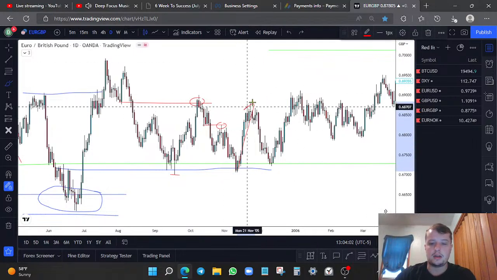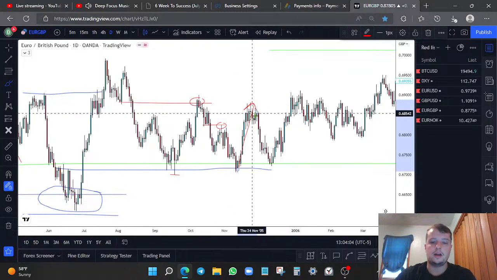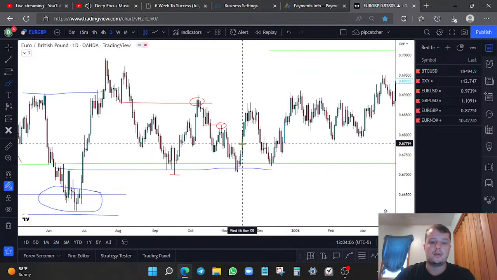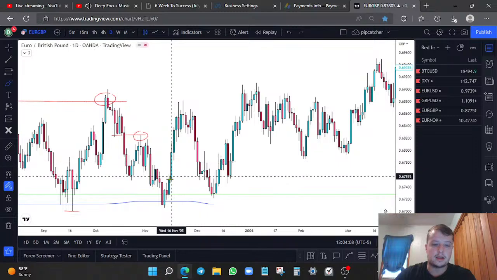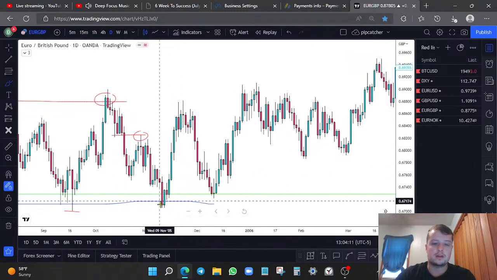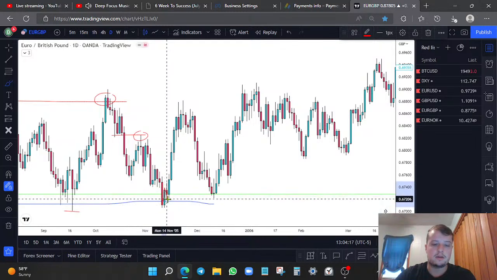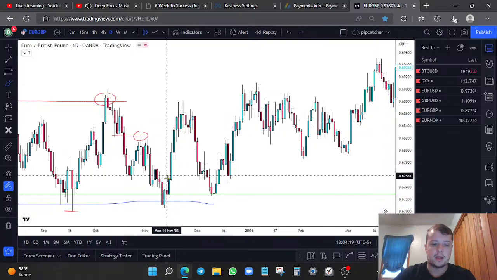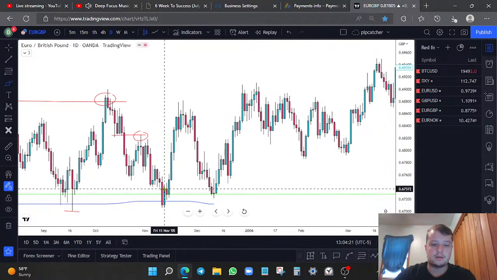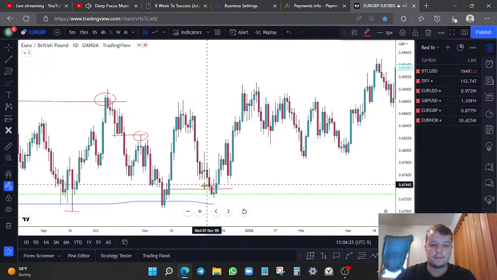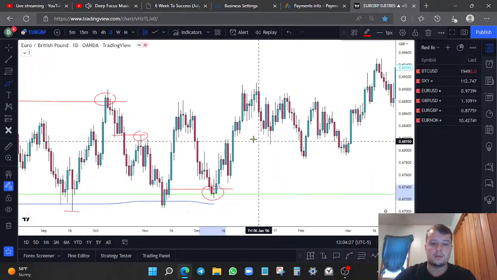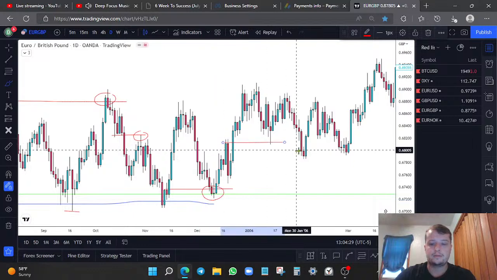Price gives us a huge push to the upside again. And where is that last selling candle before this push to the upside? So we have this sell, buy, sell, buy, right? So the last sell would be right here, right? And that could have been a good setup as well.